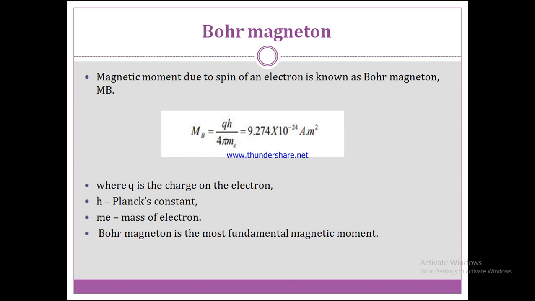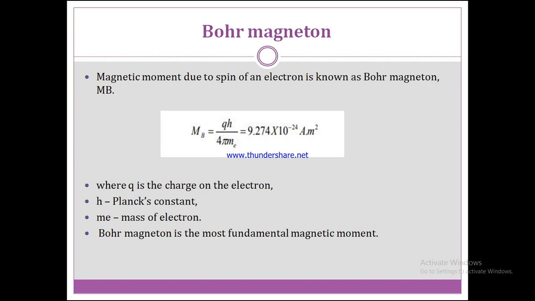When we put in all the values for this equation, we get the actual value of the Bohr magneton, which is equal to 9.274 into 10 raised to minus 24 ampere meter square.